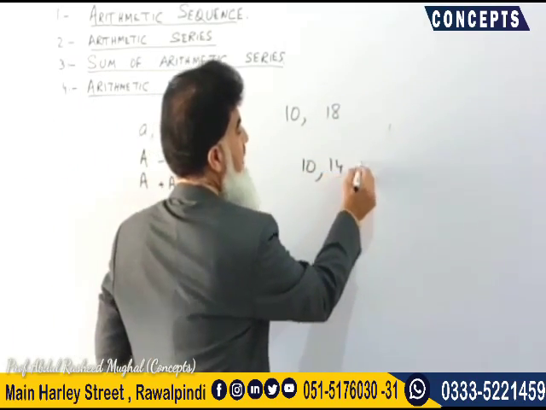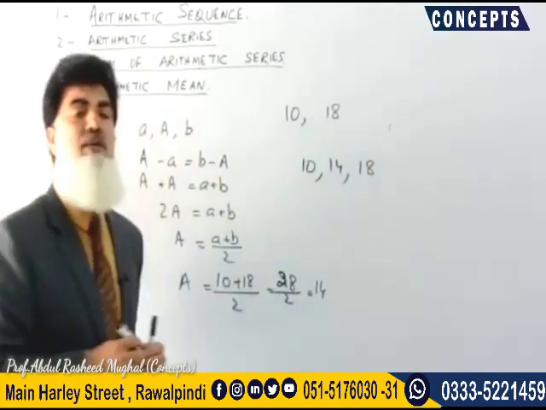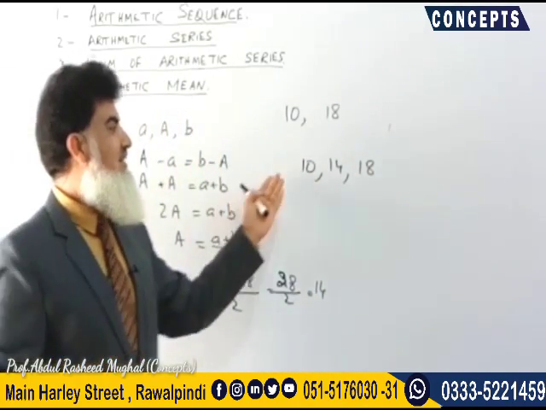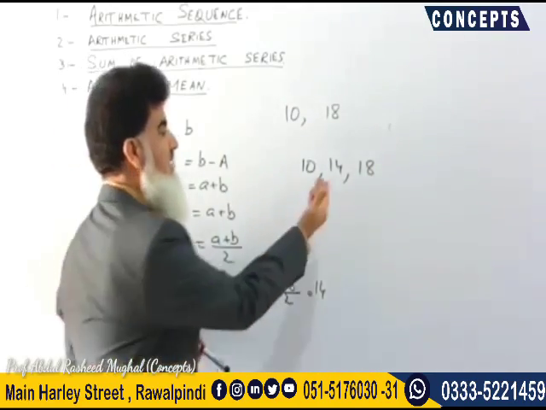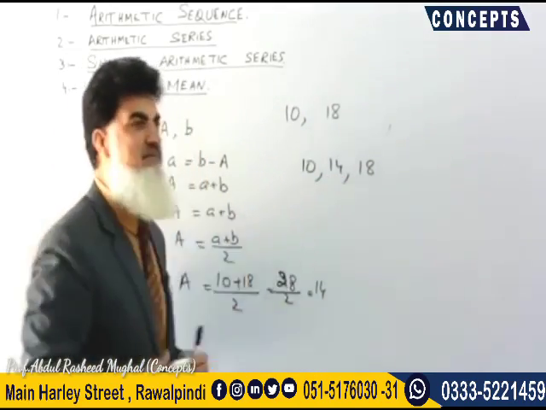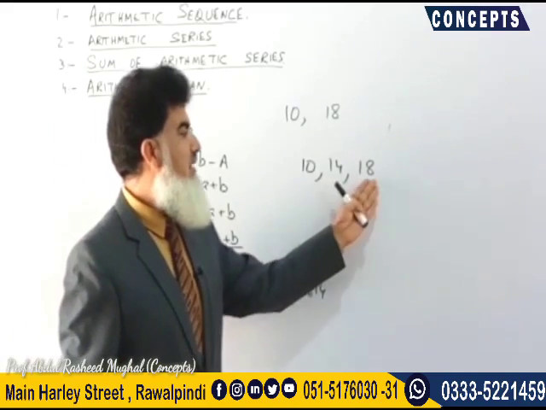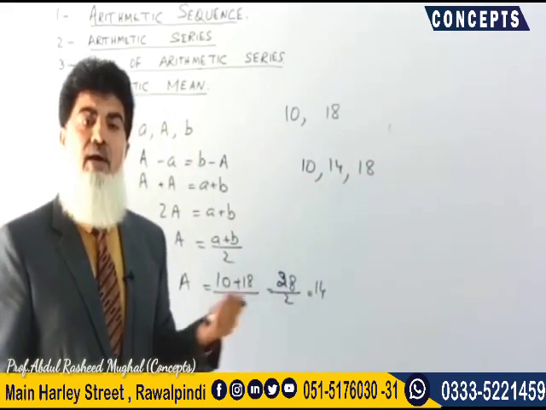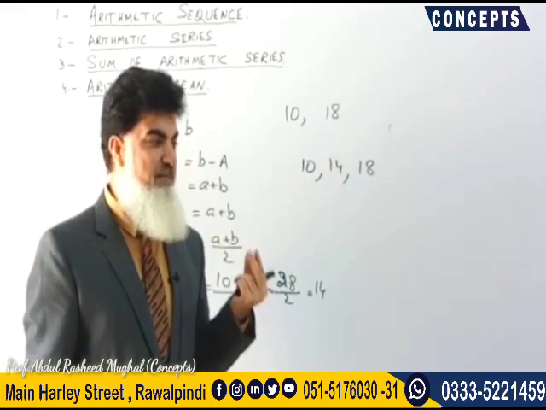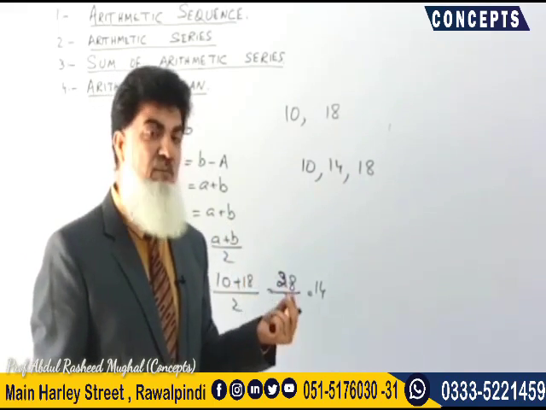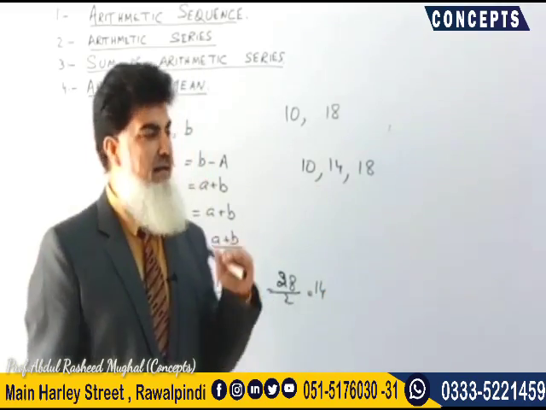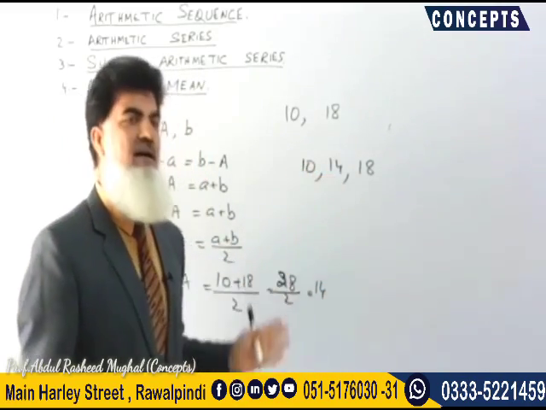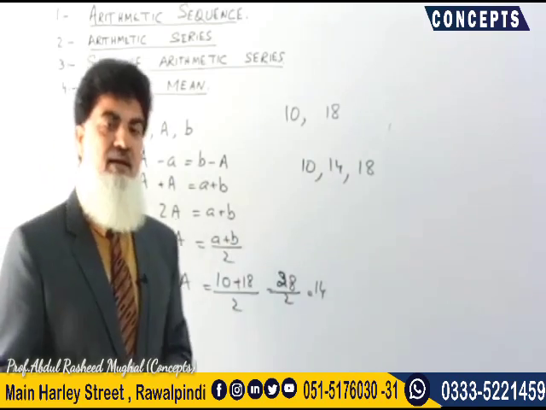If we put 14 between these two numbers, you will see that these three numbers will be an arithmetic sequence, because you can see that 14 minus 10 is 4, 18 minus 14 is again 4. So as per the definition of arithmetic sequence, the common difference between two consecutive terms is the same, and therefore 14 is the arithmetic mean between 10 and 18.